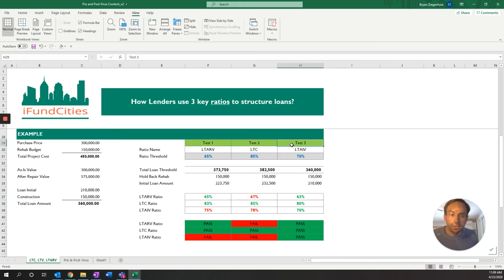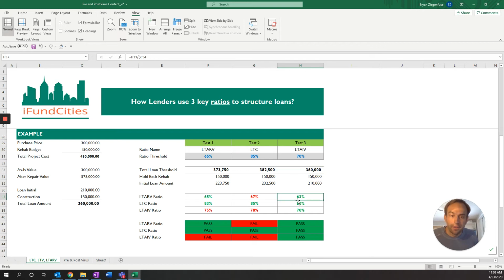And then threshold or test 3 is the as-is loan to as-is value. So you multiply the initial loan amount, 300 times 70, which gets you to $210,000, plus the holdback of $150,000, and you've got a total loan of $360,000.